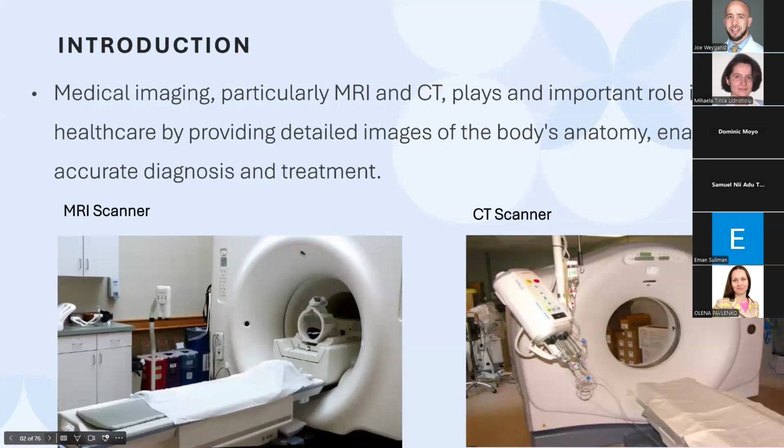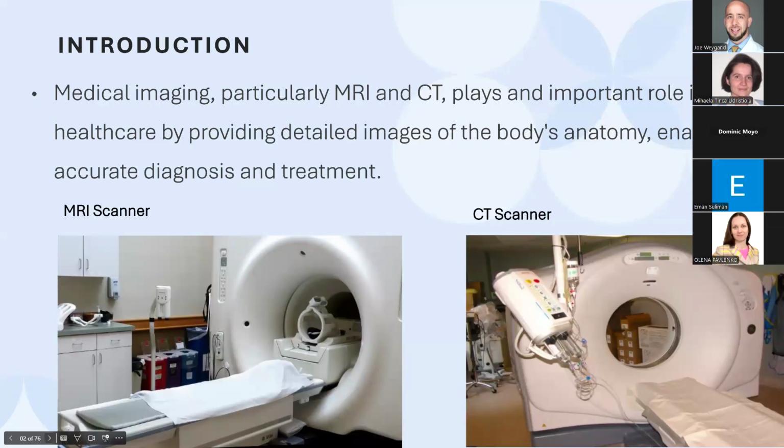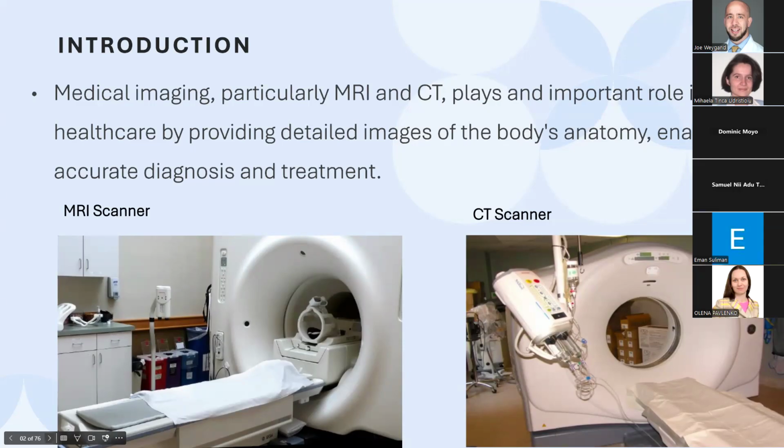As we all know, medical imaging, particularly MRI and CT, plays a huge role in healthcare by providing detailed imaging of the body's different parts, to enable physicians to reach an accurate diagnosis and treatment. This is a CT scanner, and this one is an MRI scanner.